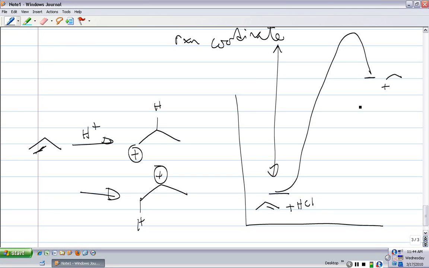The secondary carbocation has an energy value that is here, and so the energy required to make it is accessible. So the more stable species, in this case a secondary carbocation, forms faster. And that's typically what we observe: the more stable species dominates the product distribution because it is simply formed faster.